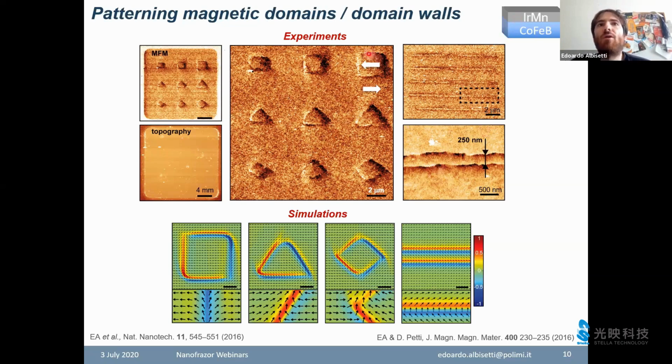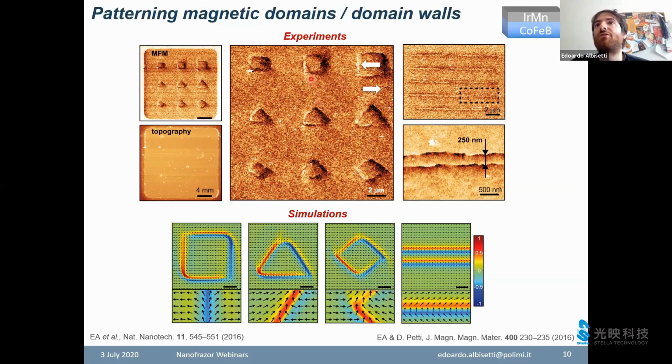And not only can we write magnetic domains, but we can also have an interesting control on the regions that I was saying separate two different magnetic domains, which are called the domain walls. As I will show you later, domain walls are a very important part of magnetic devices that recently have gained a lot of attention because of their ability to control the flow of magnons, the flow of spin waves, in different ways, for example.